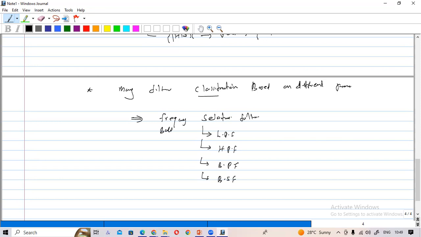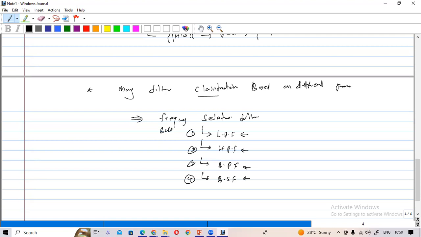This classification depends on the frequency range of the filter. If it is a low frequency range, we call it a low pass filter. If it is a high frequency range, a high pass filter. For a specific band, it is a band pass filter. Or if we need to stop one specific band, that is a band stop filter. So this filter classification is based on the frequency range of the filter.